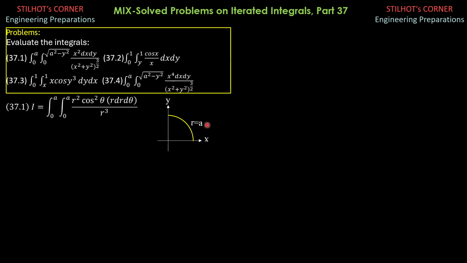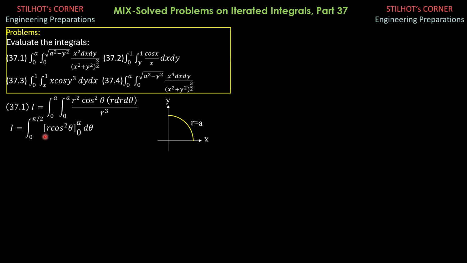This is the figure as our guide. We cancel r cubed, so it is the integral of cosine squared theta times the integral of dr. So that's r, so 0 to pi over 2 of r cosine squared theta from 0 to a d theta.